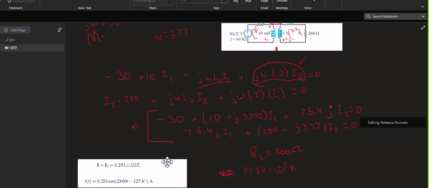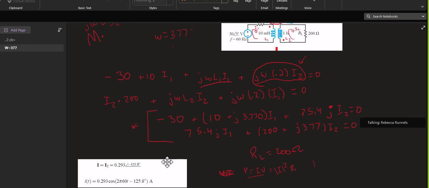So if I want to find the power absorbed by the 200 ohm resistor, then that's going to be just the real power because it's a resistor. And since it's just real power, I don't have any of those extra formulas memorized. I know that power equals IV. I know that V equals IR. Since we're talking about a resistor, I know it's going to be real. I know that what is meant by I squared is going to be the magnitude of I squared times the resistor.